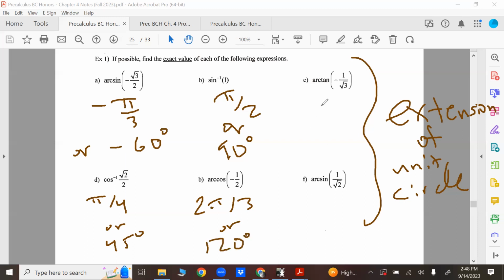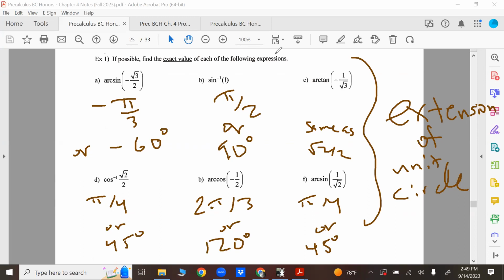I make mistakes too. Inverse sine of root 1... that's the same as root 2 over 2. So 45 degrees or pi over 4. And this one, you want y over x to be that.